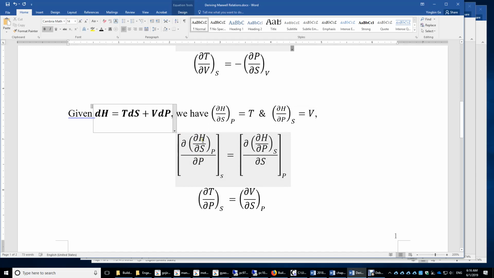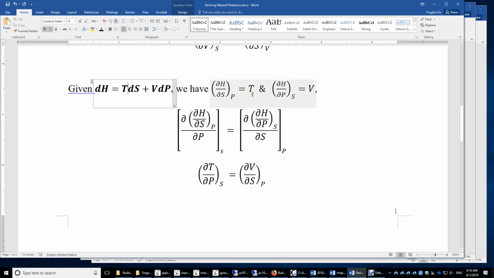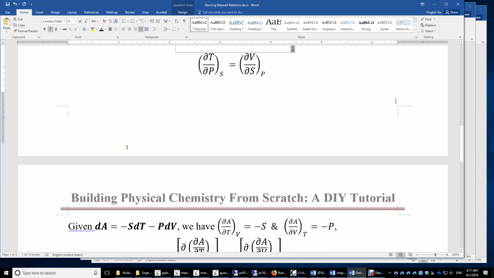Because H is a state function, the order of taking the first derivatives with respect to S and P or P and S does not matter. And again, we plug in this part is temperature, that's from here. This part is volume, that's from here. And then we have the second Maxwell relation.